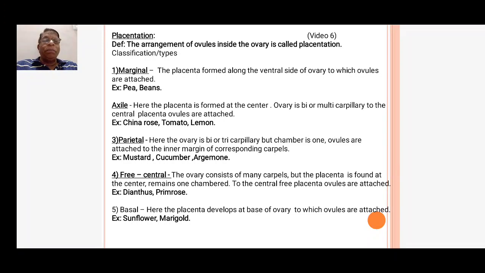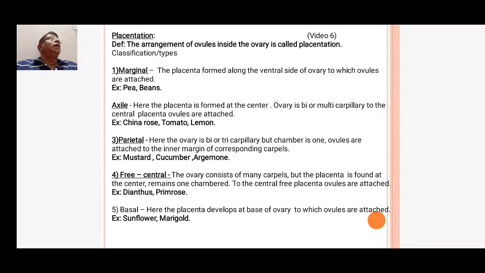In this type, the placenta forms along the ventral side of the ovary, to which the ovules are attached. So the ovules are attached to the ventral side. That is marginal placentation.